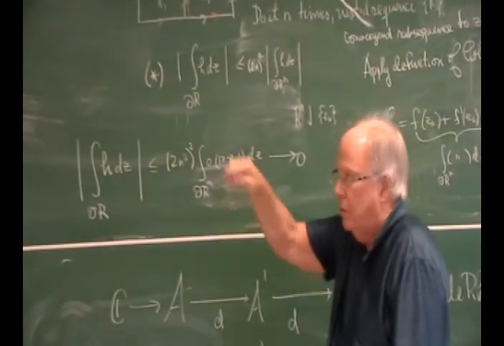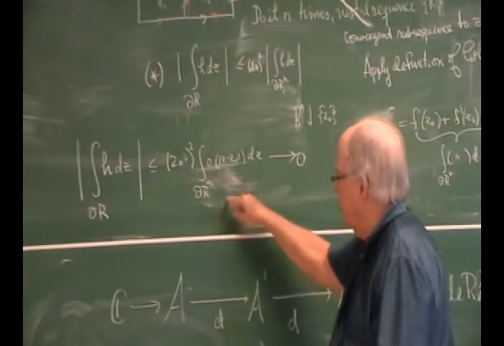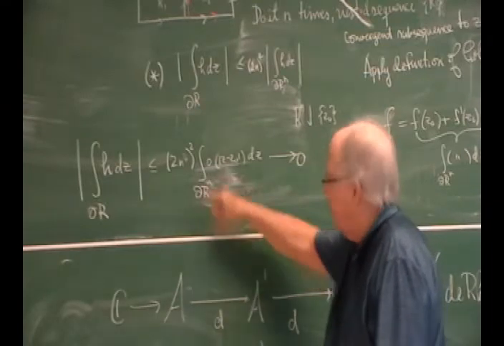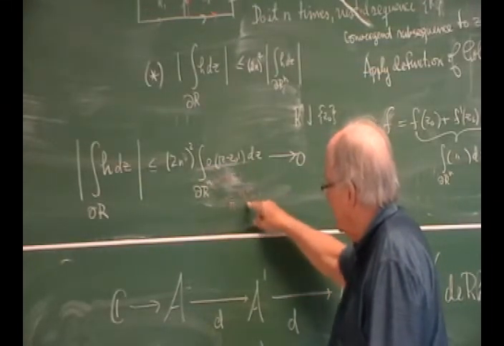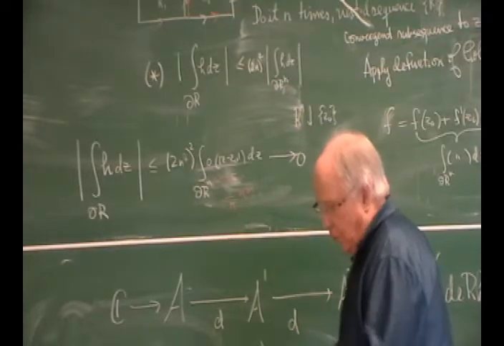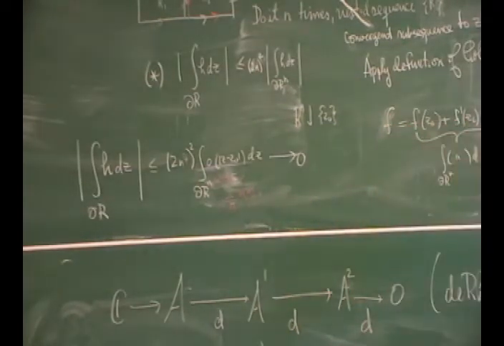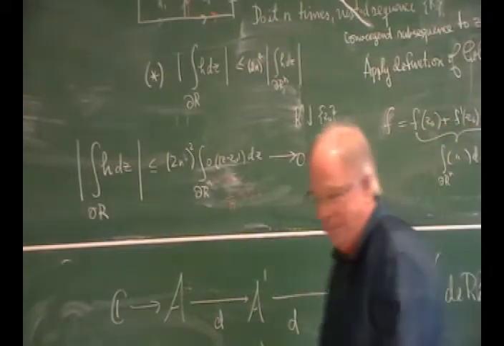So the boundary of the rectangle is 1 over n up to a constant, and then this little o of 1 over n is the distance between z and z0 and so on. So thanks to everybody's help, we have Gauss's theorem for rectangles.